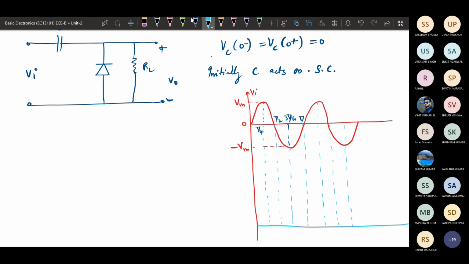Okay, so initially it is short circuited. Once it is short circuited, whatever positive input voltage we are applying will be applied to this diode also.